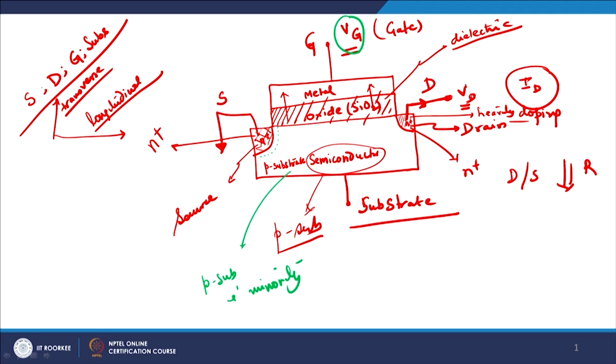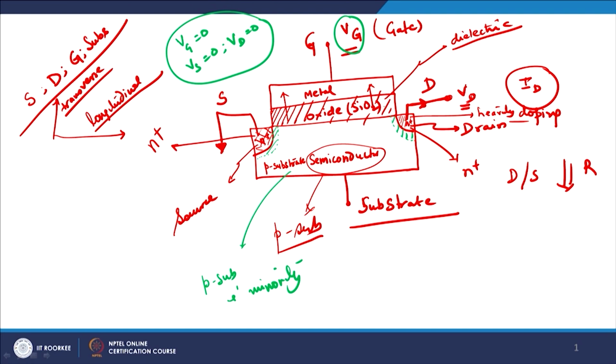So under no bias condition there will be a depletion region here, assuming that Vg equals 0, Vs equals 0, Vd equals 0, and V substrate equals 0. For all these conditions, I can assume that the depletion region is exactly equal on the left and right side, which means the doping concentrations on the source and drain are exactly equal.